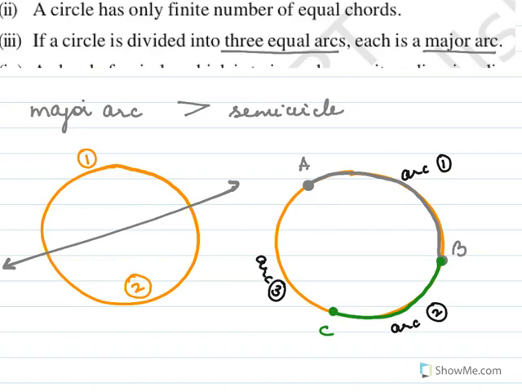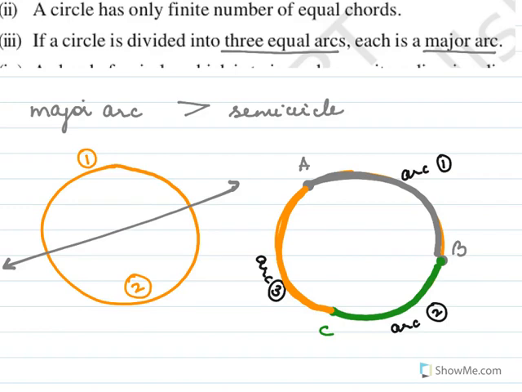Now to be a major arc, this should be more than the semicircle. Do you think any of them is more than the semicircle? No. They are all smaller than the semicircle. Look at each one of them. Look at arc 2. It is definitely less than semicircle. Look at arc 1. It is less than semicircle. And arc 3. It is less than semicircle. So each of these is definitely less than a semicircle because they are divided into 3 parts.